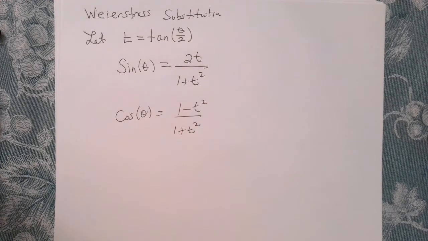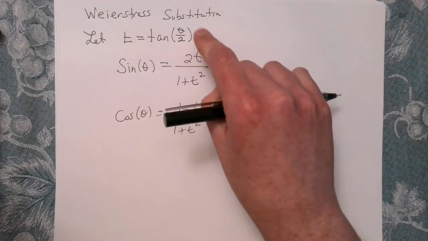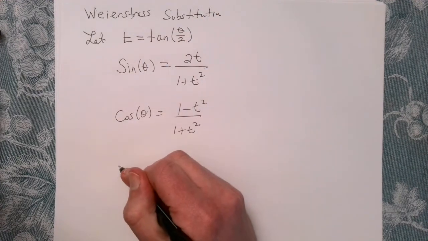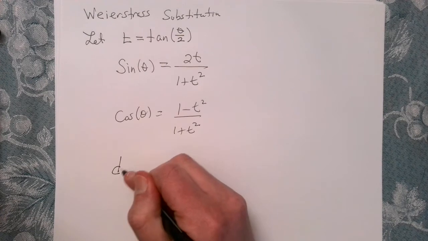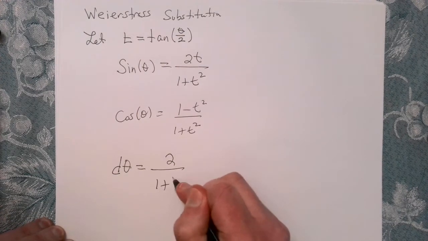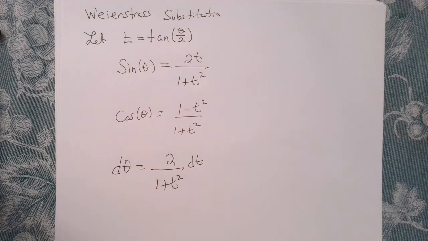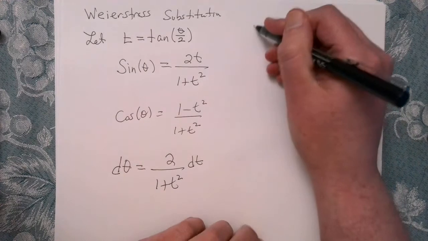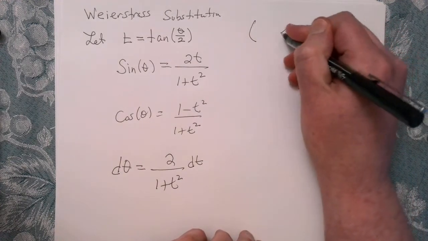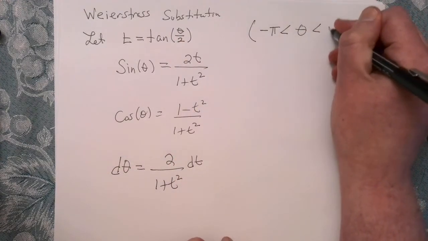If you solve that for theta and then take the derivative of both sides, you're going to have to take the derivative of arctan. So d theta is equal to 2 over 1 plus t squared dt. Maybe I should put a condition on theta: for theta between negative pi and pi.